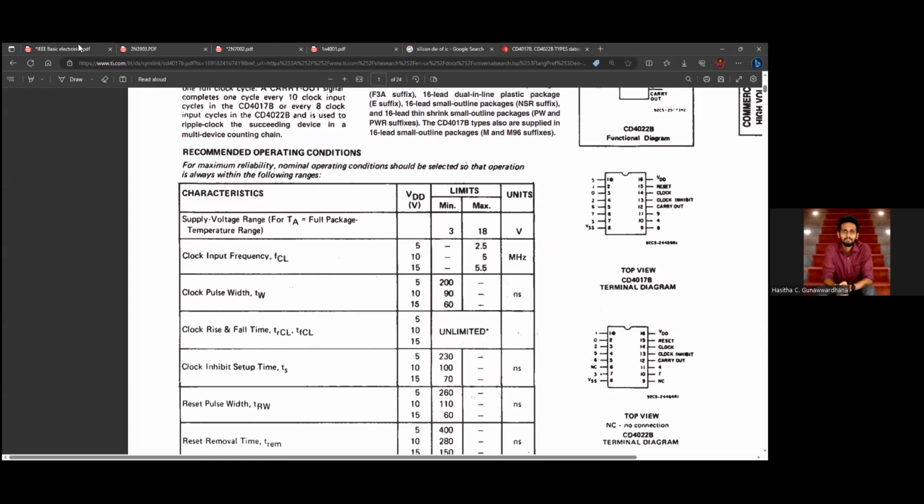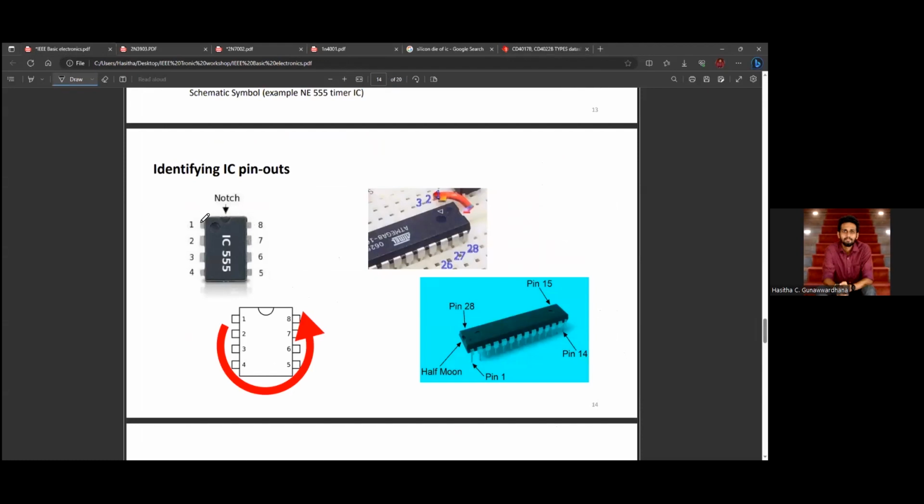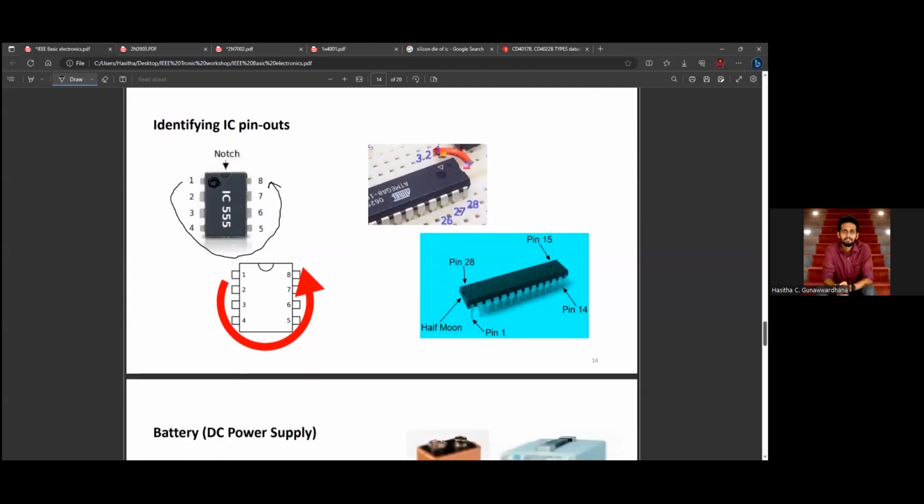How do we identify that on a real IC? There will be a notch or a mark, like this square or this circle, and the nearest pin will be pin 1. Then it goes in this direction: 1, 2, 3, 4, and then 5, 6, 7, 8. So that is additional information.